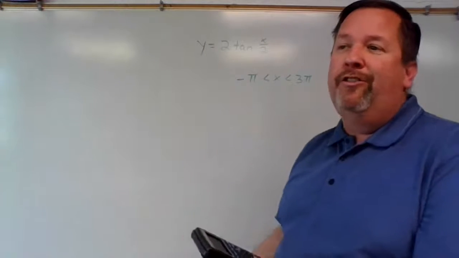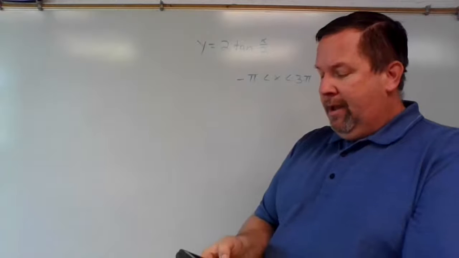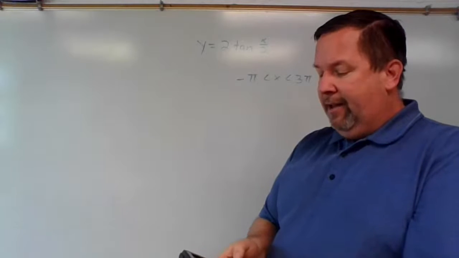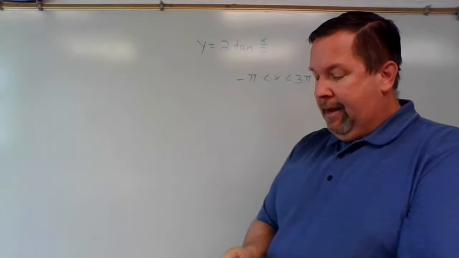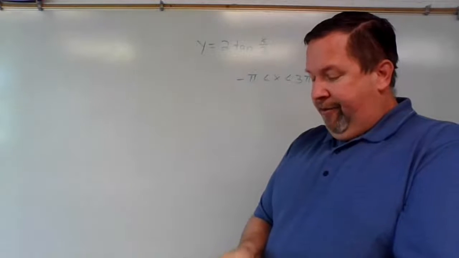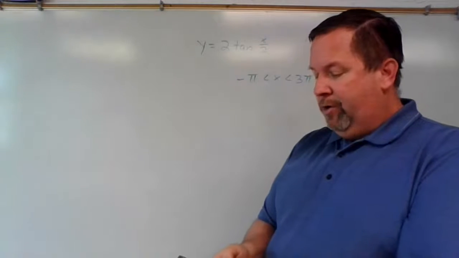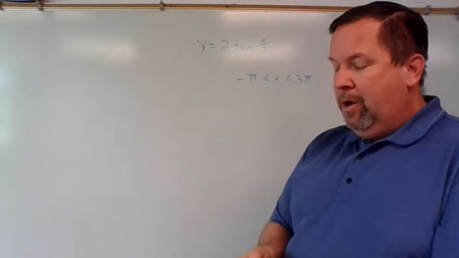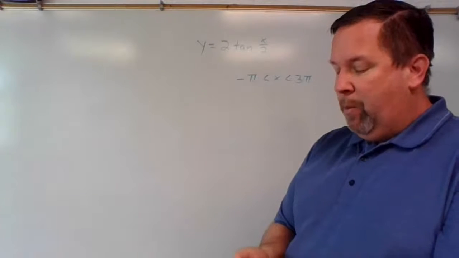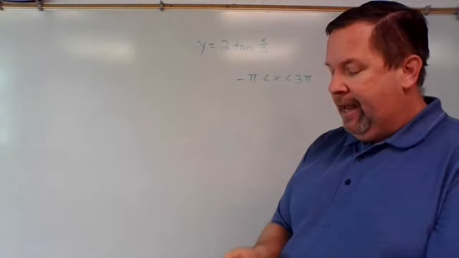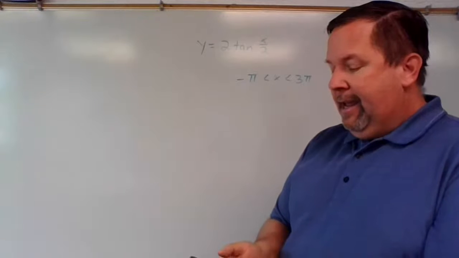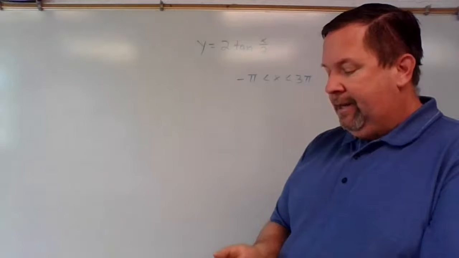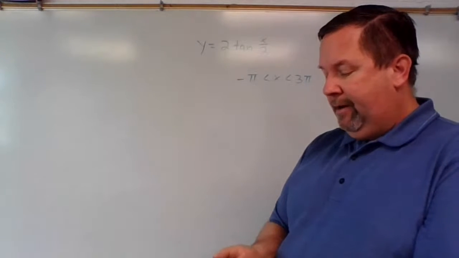Maybe pi over 4 would be the increment. So I'm going to change the scale to pi divided by 4, and those increments will be helpful. I'm going to leave my y min and my y max at negative 10 and positive 10, and I'm going to take a look at a graph.